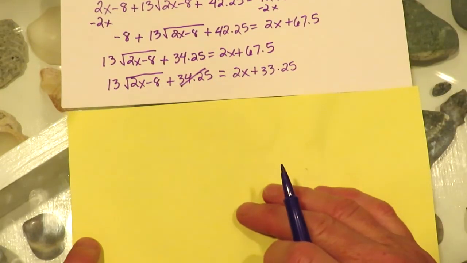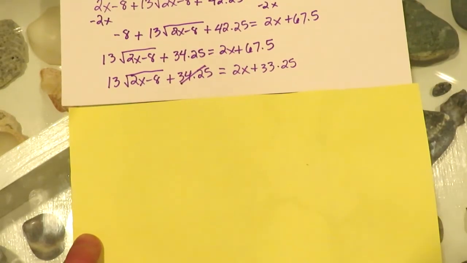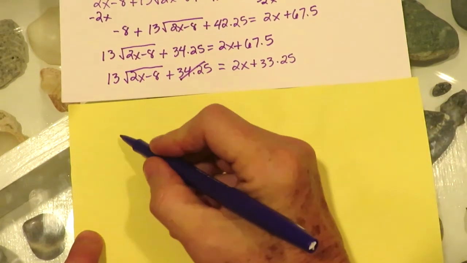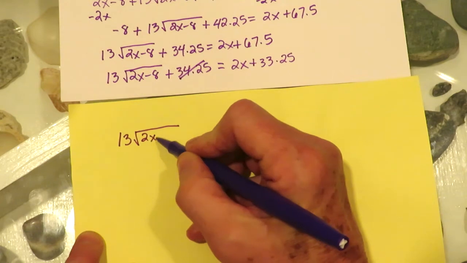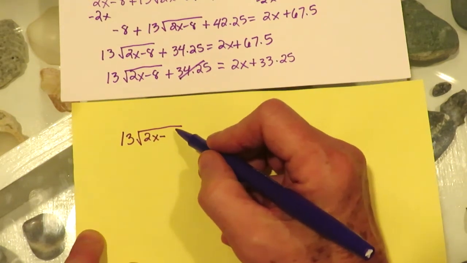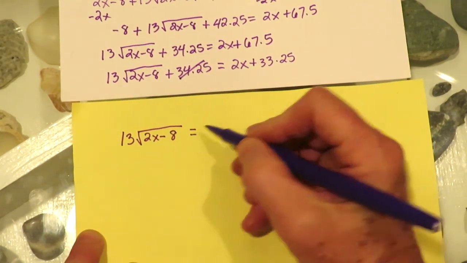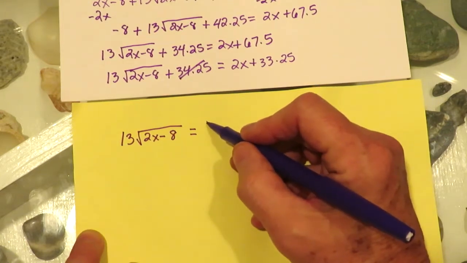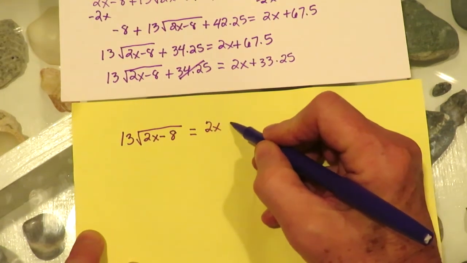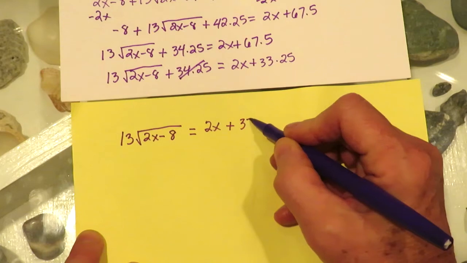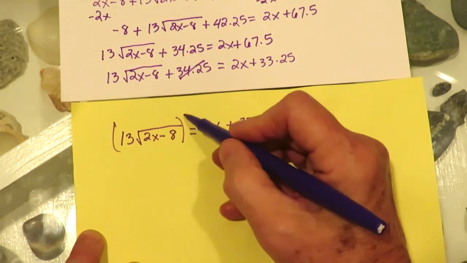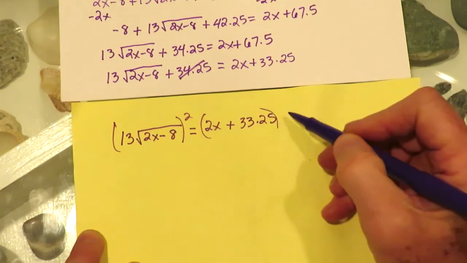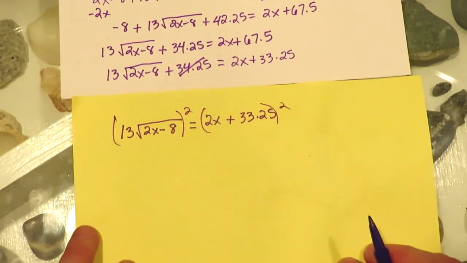Now I'm going to need to square both sides again because of the square root. So I could divide by 13 if I really wanted to, but it's certainly not going to make it any cleaner. But legally you could do that. But 2 divided by 13 is not going to be nice, and 33.25 divided by 13 is not going to be nice. So we might as well just leave it and square both sides as we have it.